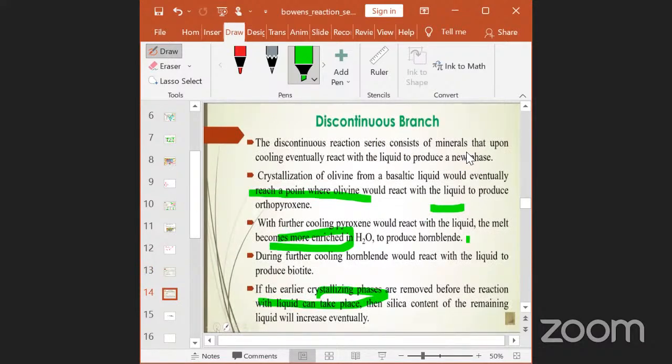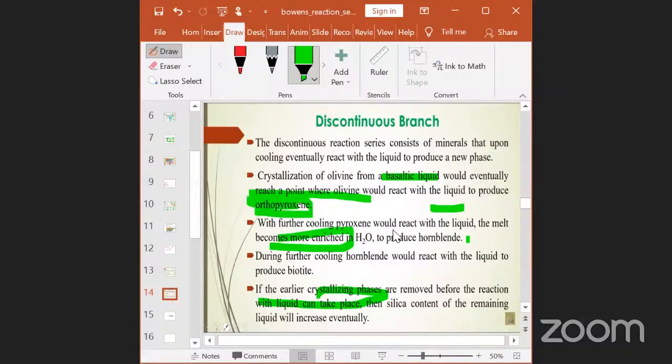And the discontinuous branch consists of minerals that upon cooling react with the liquid to produce a new phase, right? So with crystallization of olivine from a basaltic liquid, it would eventually reach a point where olivine reacts with the liquid to produce orthopyroxene.